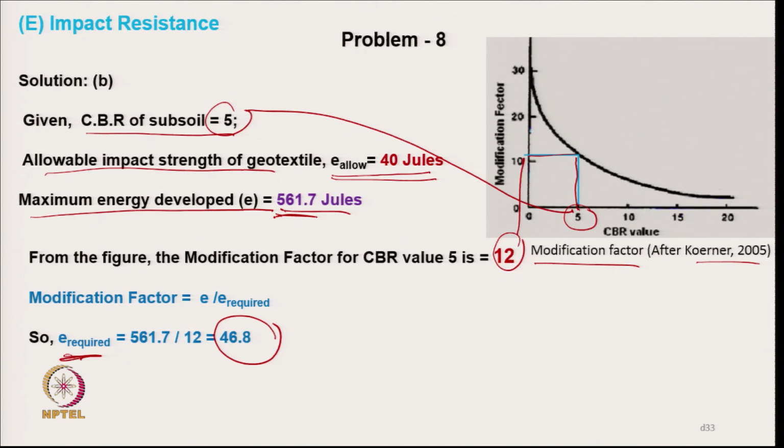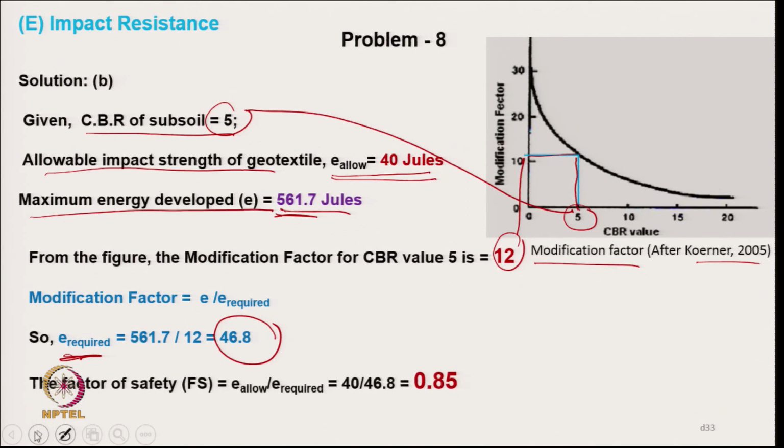That much impact force is actually generated in the fabric. So, the factor of safety is E allowed by E required. E allowed is 40, that is the maximum allowable impact strength, and the required impact strength is 46.8, that is what is actually generated.